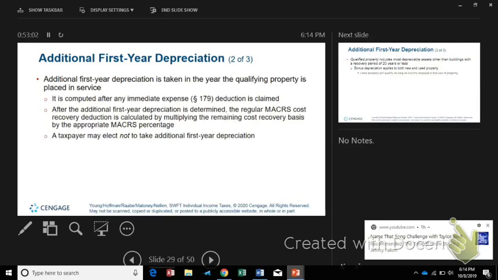All right. So it is computed after an immediate expense of section 179. You can choose not to take section 179. After the additional first year depreciation is determined, then you figure out MACRS, which is whatever is left. All right. A taxpayer may elect not to take additional first year depreciation. Now, are there reasons not to take it? Yeah.